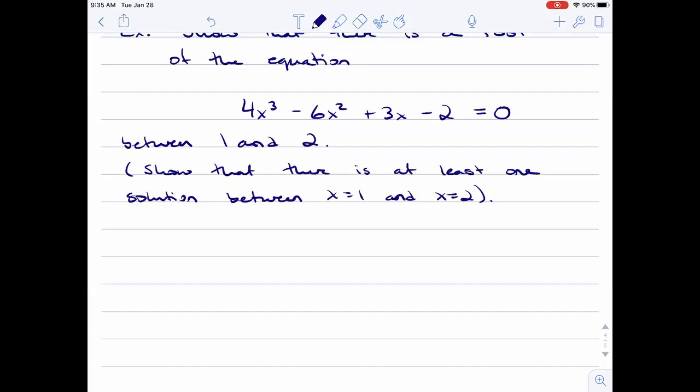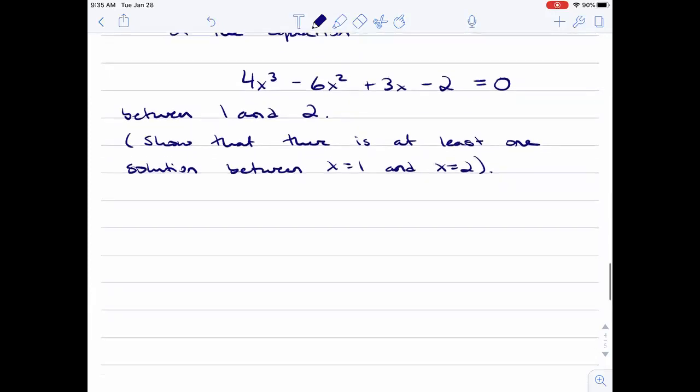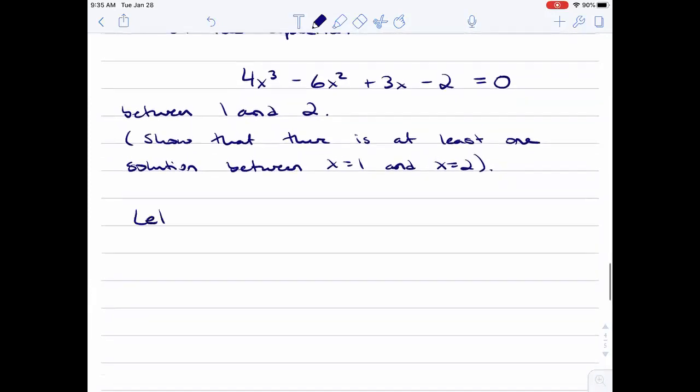First thing I'm going to do is look at the expression. So this polynomial, just so I can talk about it easily, let f of x equal 4x to the 3 minus 6x squared plus 3x minus 2, just so I can talk about f of x like I did in the intermediate value theorem.